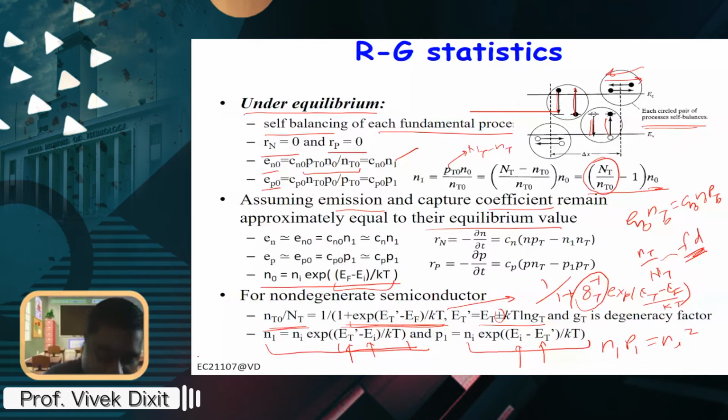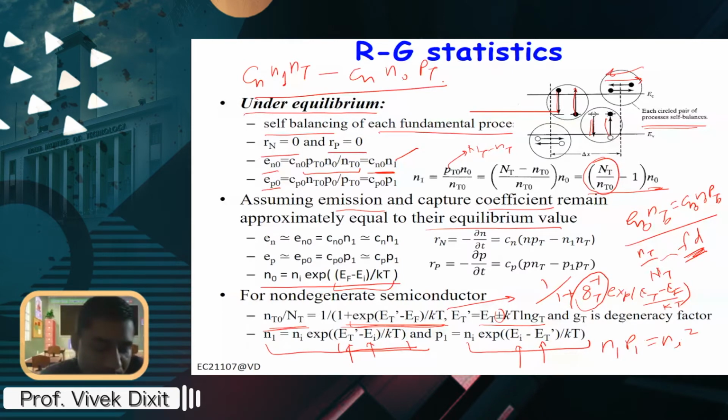So En can be substituted as Cn times N1. So your modified equation will be this En times Nt becomes Cn times N1 times Nt, and capture becomes Cn times N naught times Pt, right?